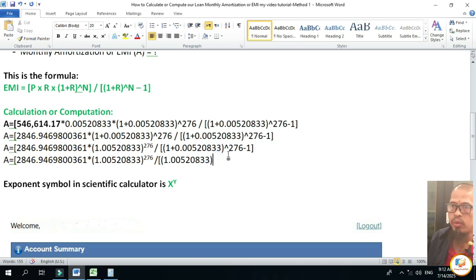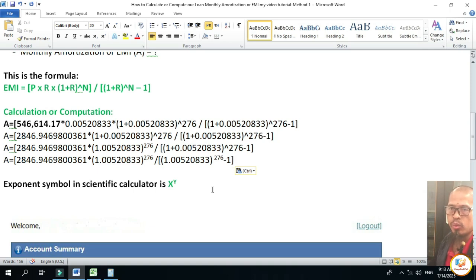So the exponent of 276, 276 minus 1. Okay, now clear. We're already substituted to our formula.